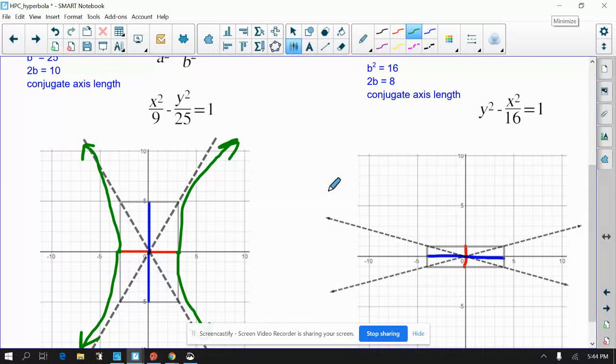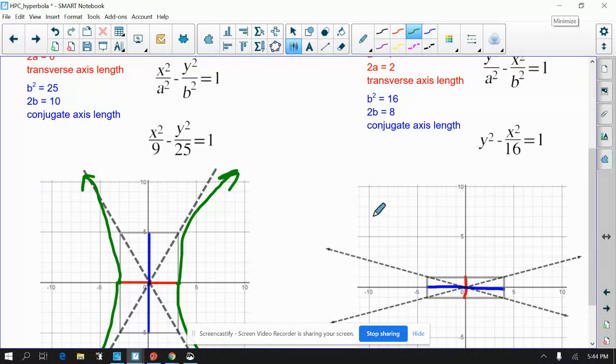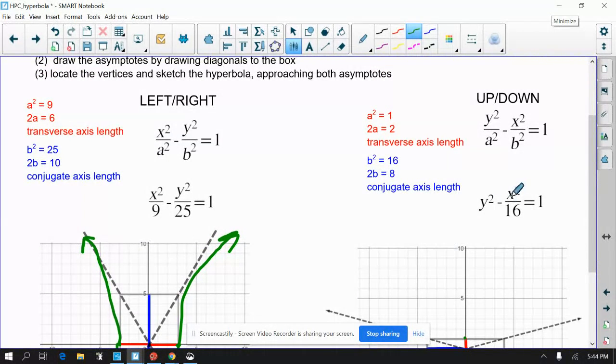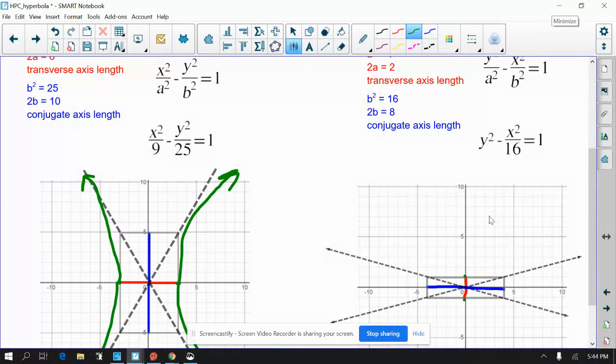Now I draw my hyperbola, finally. The transverse axis ends at the vertices. So I've got a vertex here and a vertex here. And that should be enough to remind me that I'm going up and down. But looking at my equation, y is mentioned first, so I'm going up and down. And I'm going to try to draw this parabola-looking thing using the asymptotes to guide me.